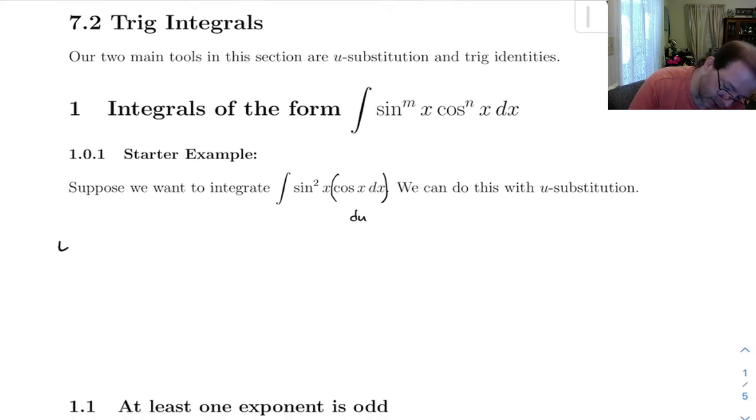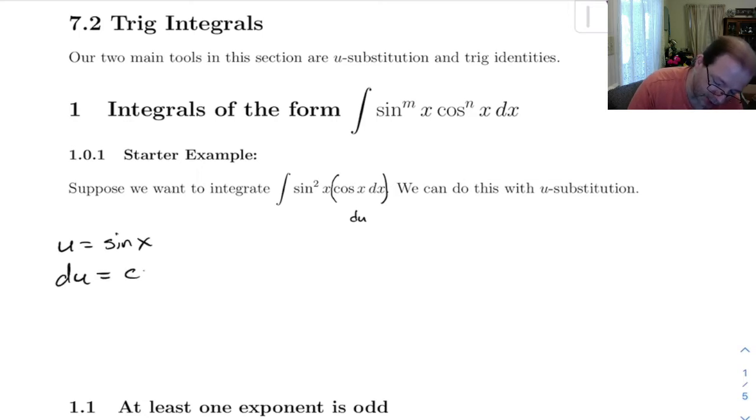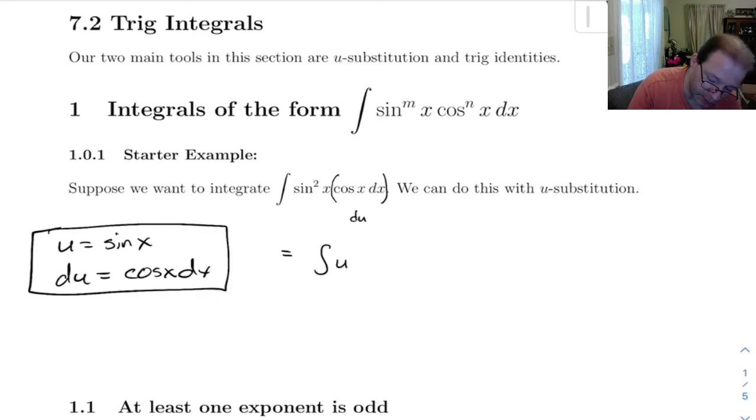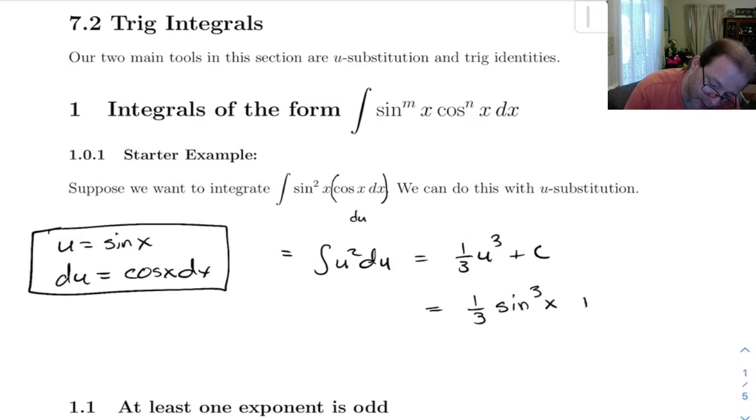So what I'm going to do is let u equal sine x. And so du is going to be cosine x dx. So we can rewrite our integral as the integral of u squared du. And now this is a really easy integral to do. It's just 1/3 u cubed plus c. And we can rewrite that as 1/3 sine cubed x plus c.